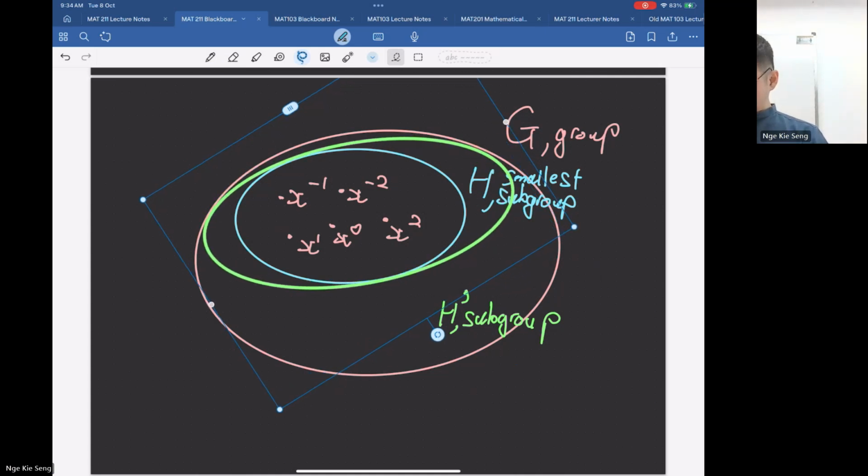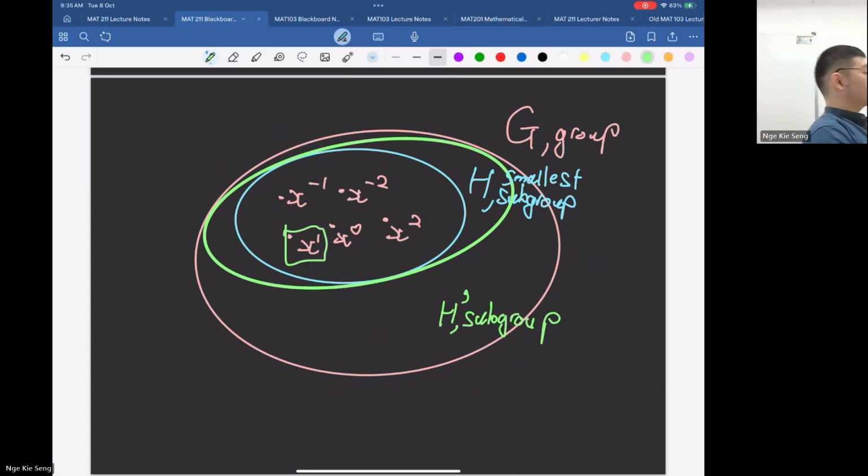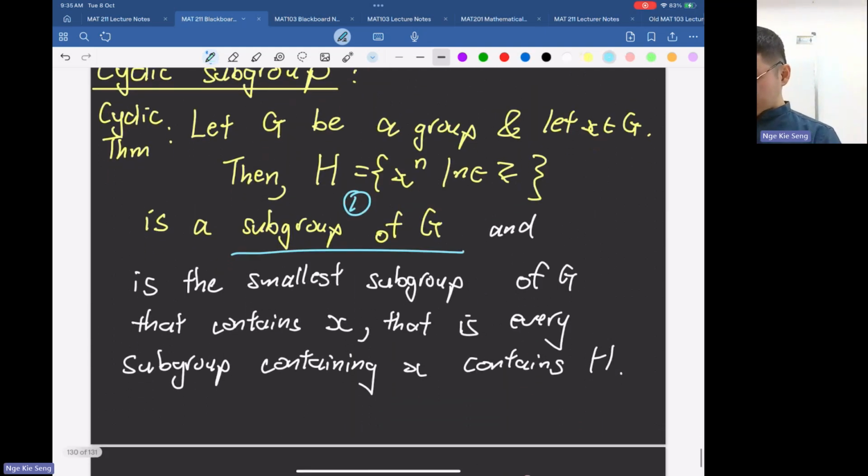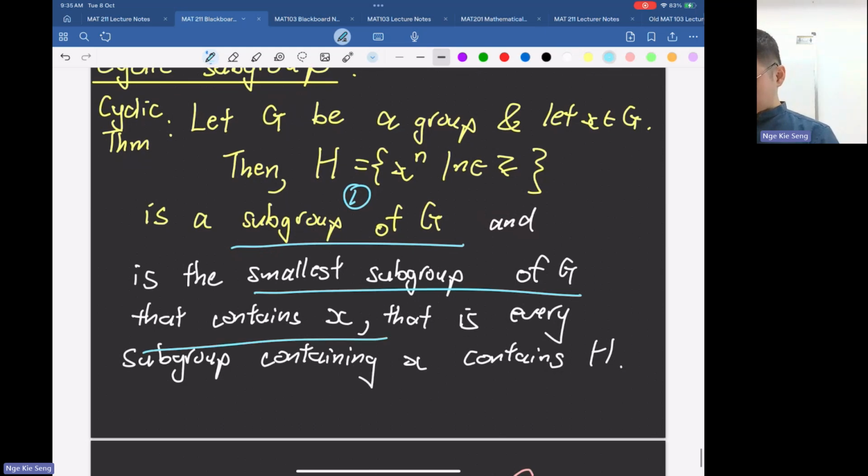Okay or not? Does it make sense? So it's the smallest one. So it must be contained in all the other subgroups that contain the X here. So let's label it. Sorry, I labeled the wrong one, this one. Okay, understand? So we need to prove these two claims here. There are two claims inside this statement.